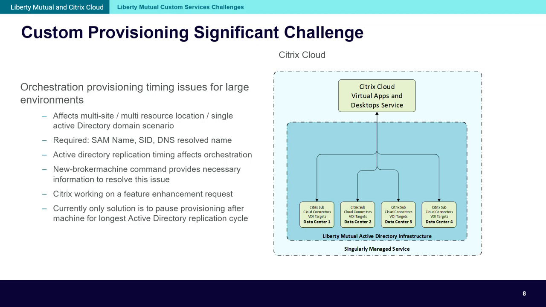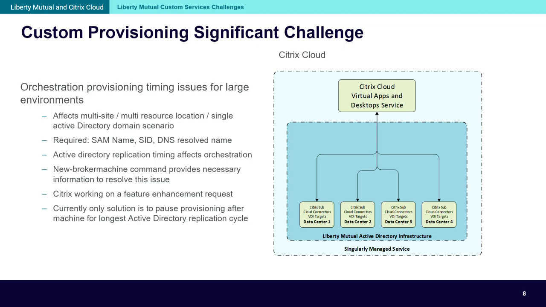If your AD doesn't replicate relatively quickly between these data centers, what can happen, and this is what was happening to us for a good period of time, is that you would build the machine in Data Center 1, you do the new broker machine, Citrix Cloud would say, okay, I've got to look up these three pieces of information. I need to look up the SAM name, the SID name, and the DNS name, and it has to happen at the cloud connector. And because it doesn't know which data center, it might use the cloud connector in Data Center 4 or Data Center 3 instead of Data Center 1.